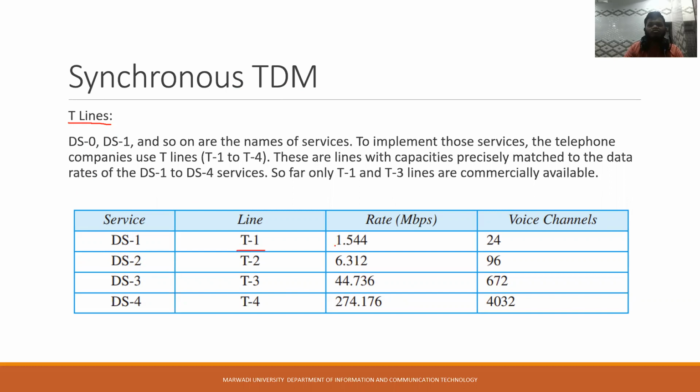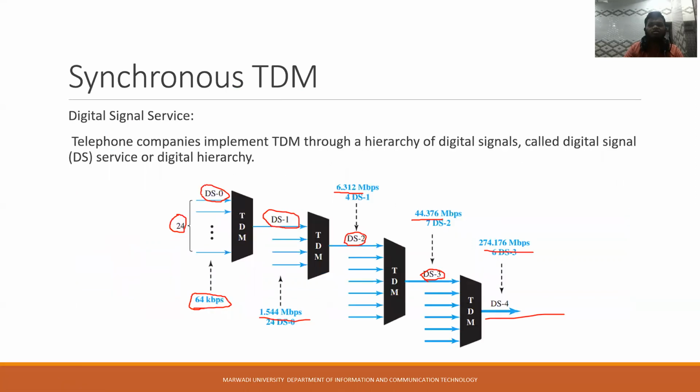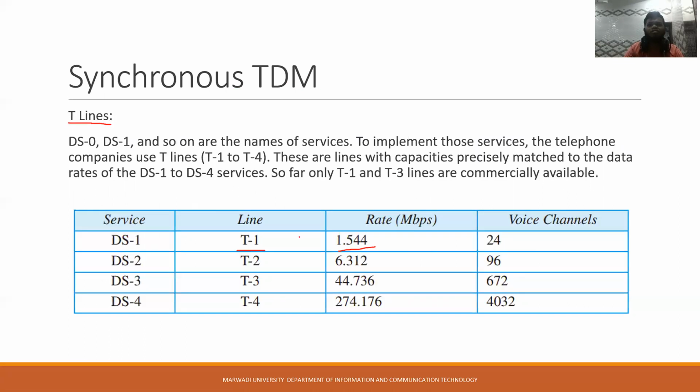DS1 would be implemented with T1 at 1.544 Mbps, DS2 with T2 with this much data rate. That's given here in tabular form. So that's the T lines.